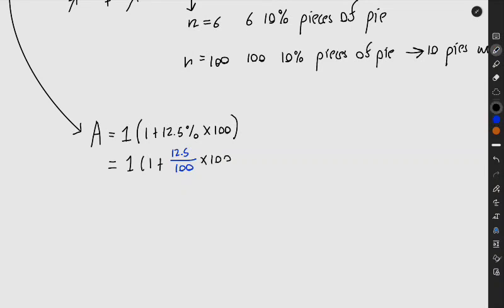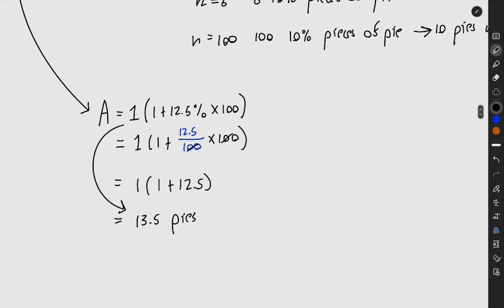Times that by the 100 terms, and what we'll get is 1, bracket 1 plus, hundreds will cancel out, 12.5. And we end up with, therefore, 13.5 pies. Not a bad day, considering that you started off with 1. However, in the real world, you'll hardly get an interest rate like this.